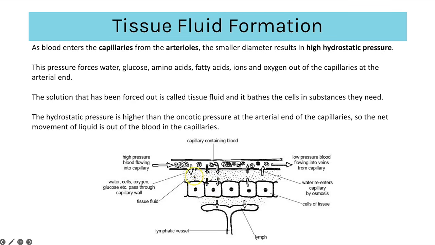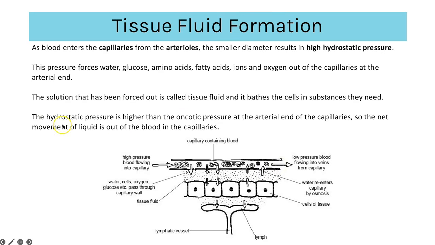And this is essential because those small molecules that we talked about, the glucose, amino acids, oxygen, those can now enter the cells by diffusion, or it could be active transport, and be used by the cell. Simultaneously, any waste products within the cell will be diffusing or moving out back into the tissue fluid, and that waste can then be reabsorbed with the rest of the liquid from the tissue fluid back into the capillaries to be removed from the body.